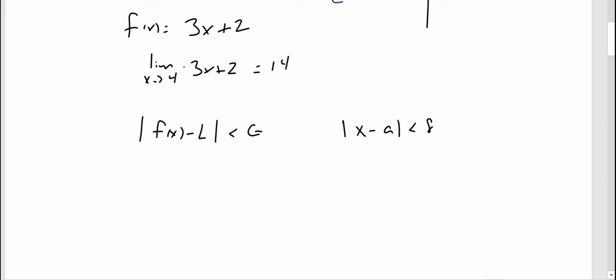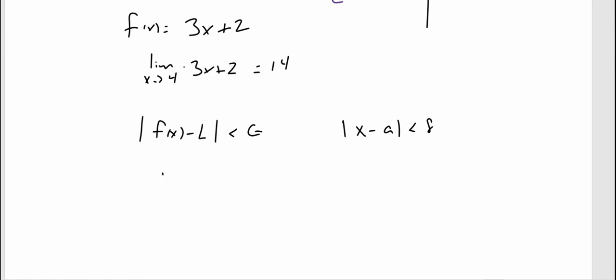Now we're going to start with the f of x minus L. And we start with that because according to the definition, we get to pick any epsilon that we want. So that's kind of a given. Okay? Pick it to be a half, a fourth, a 5, whatever. And then from that, we have to derive what this delta is going to be. It'll be in terms of epsilon.